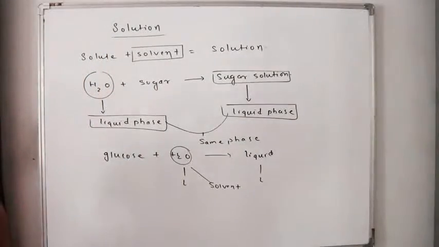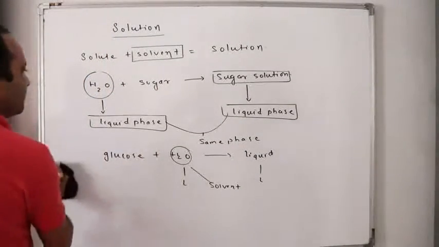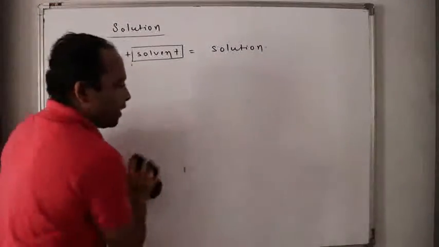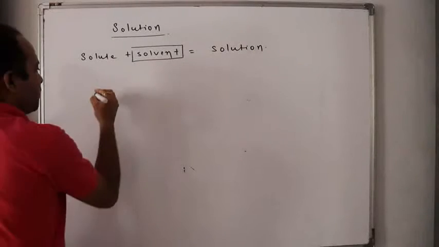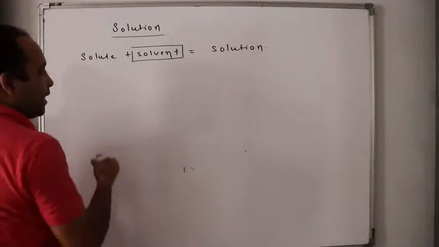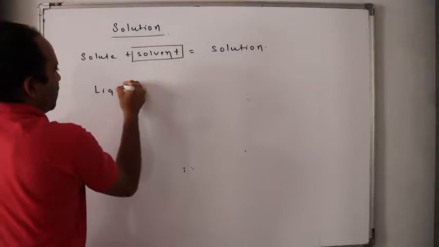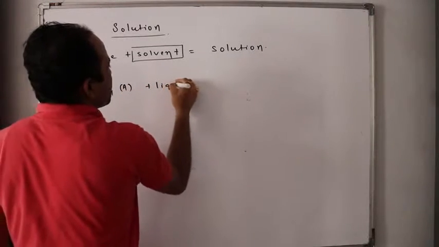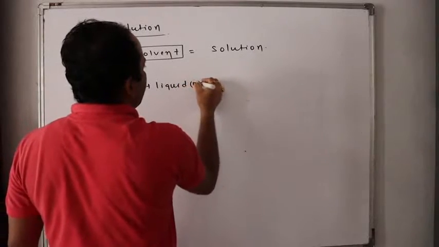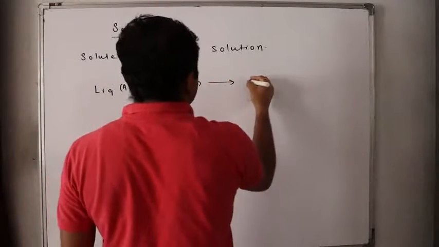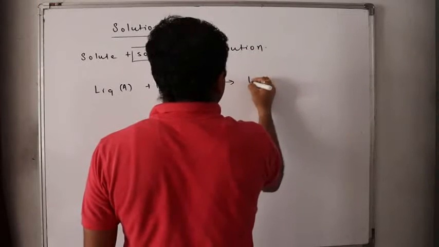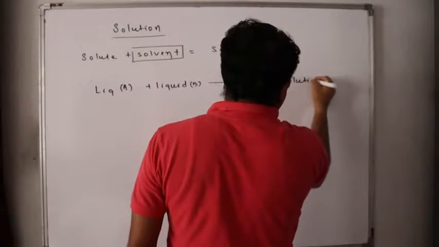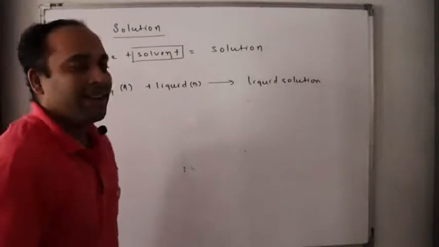Now you might be asking, sir, if both of them are liquid, what will happen? I'll answer your question. For example, if I add liquid A plus liquid B, it gives rise to a liquid solution.